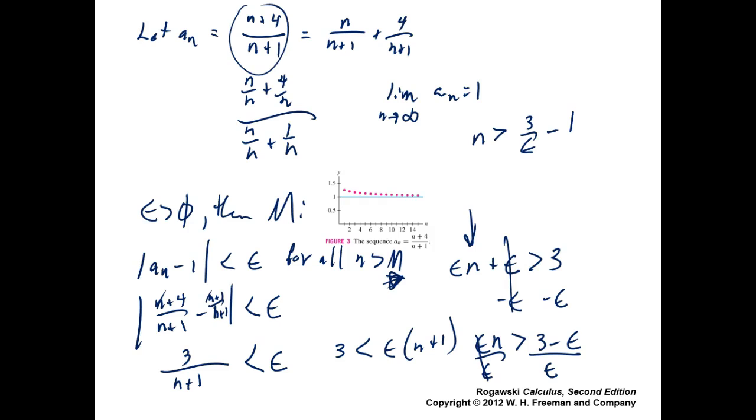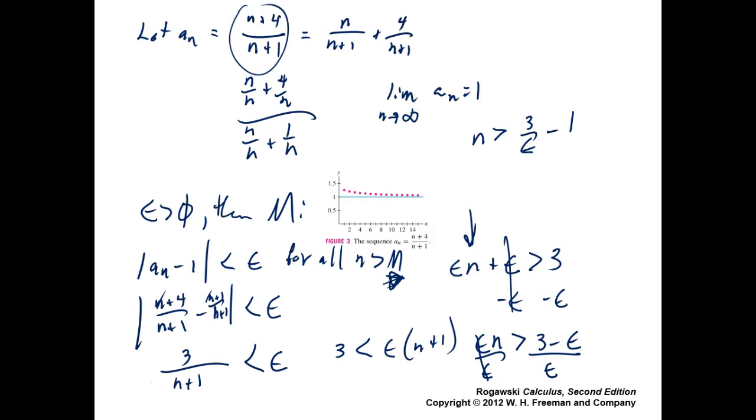So you give me an epsilon, however small you want that to be. Pick an epsilon, as small as you want it to be, but it has to be greater than 0, of course. Say 1/2, so 0.5.